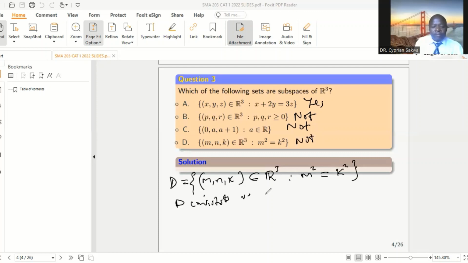vectors whose square of the first entry equals the square of the third entry.